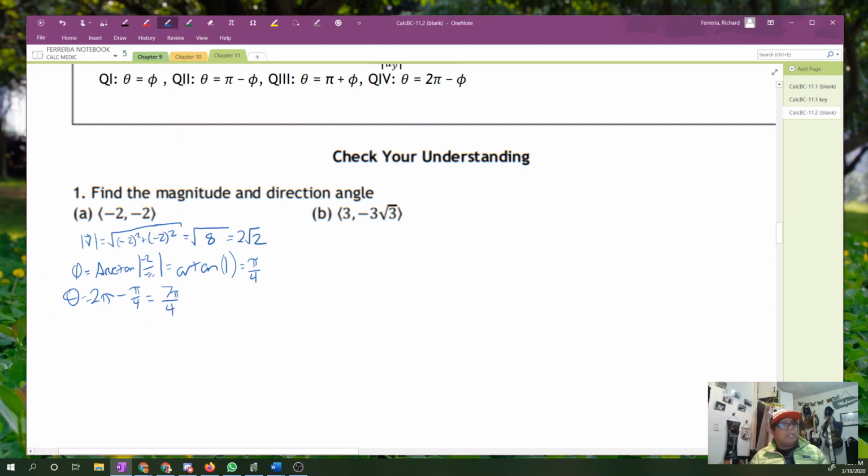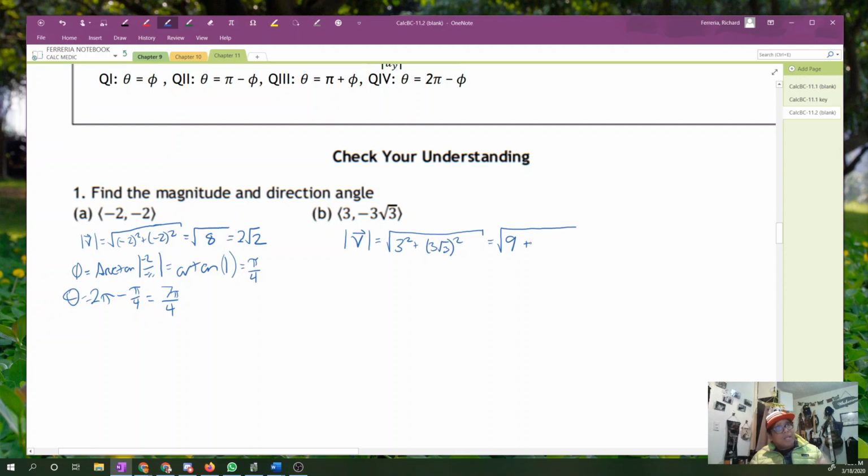Let's take a look at this next one. We've got the magnitude of v, is what we're going to call it. That's going to be equal to the square root of 3 squared plus 3 root 3 squared. Oh boy, how much is that? That's the square root of 9 plus the 3 rad 3 squared.